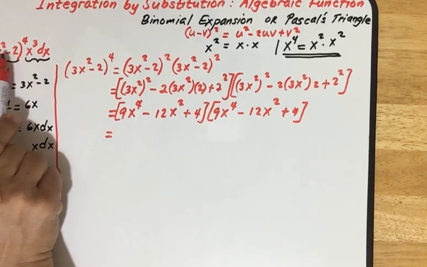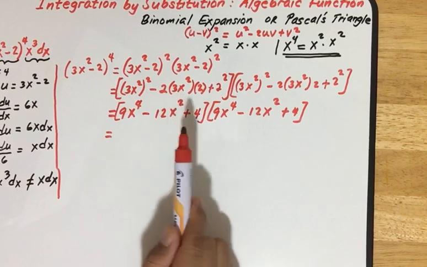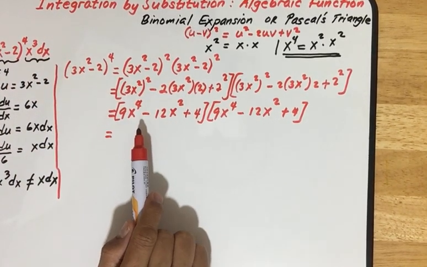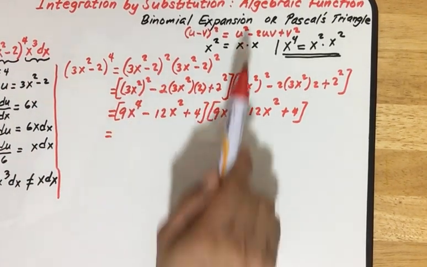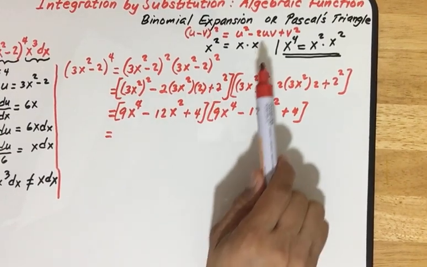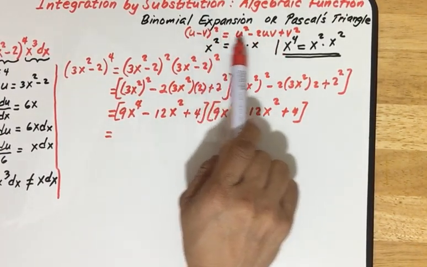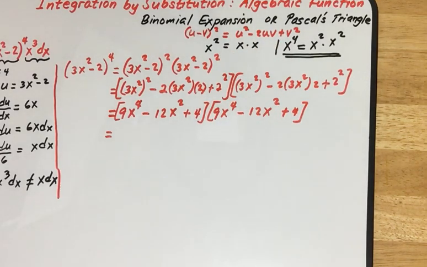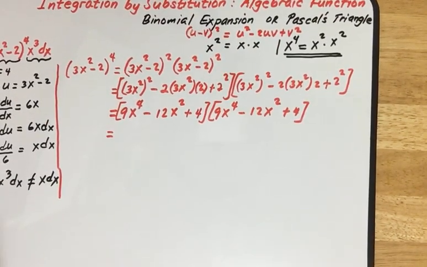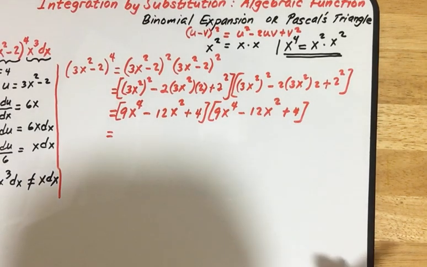I just did it not using the binomial expansion formula, but the concept that we have learned from algebra. But if you know how to use the binomial expansion, it's much faster.